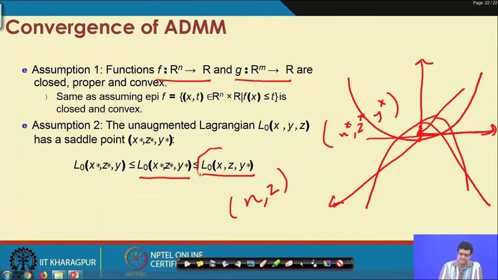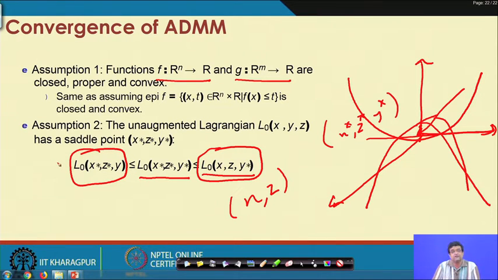So, this is basically in some sense the dual problem, and this is the primal problem. The primal problem for some given dual variable value, and this is the dual problem for some given primal variable value. If this condition holds, and this condition holds for all convex optimization problems, then your ADMM algorithm is guaranteed to converge.